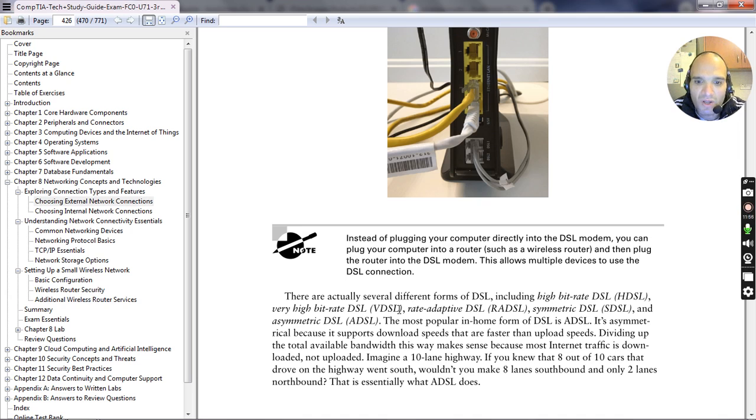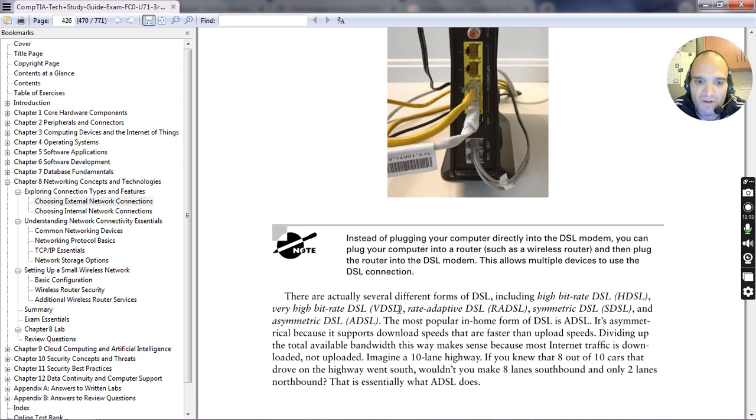The most popular in home form of DSL is ADSL. It is asymmetrical because it supports download speeds that are faster than upload speeds. So remember this for the exam, that an ADSL, an asymmetric digital subscriber line, is called asymmetrical because it supports download speeds that are faster than upload speeds.